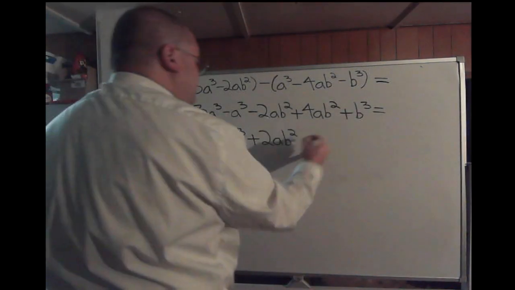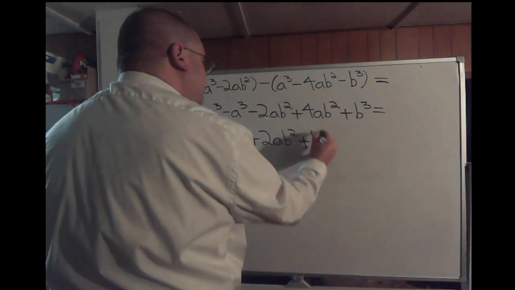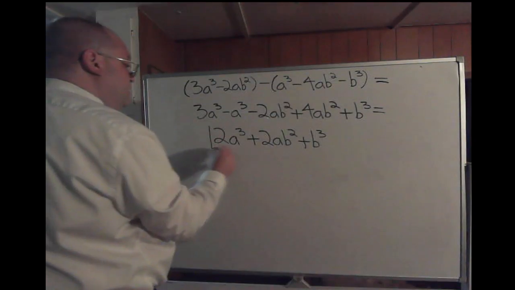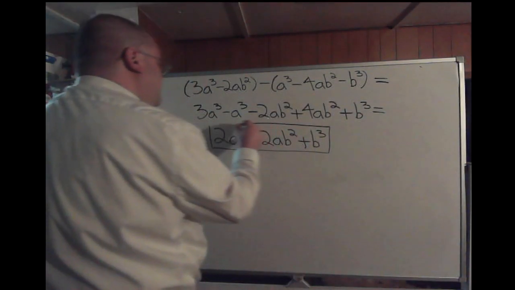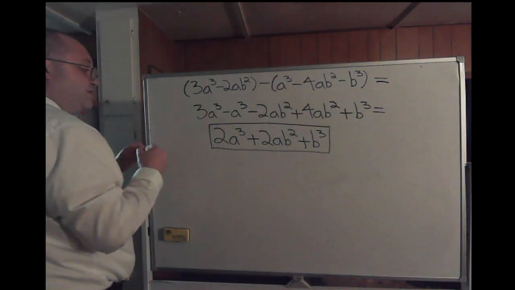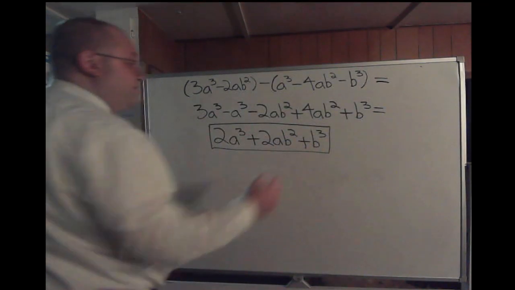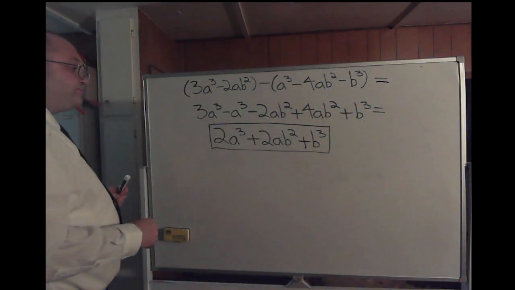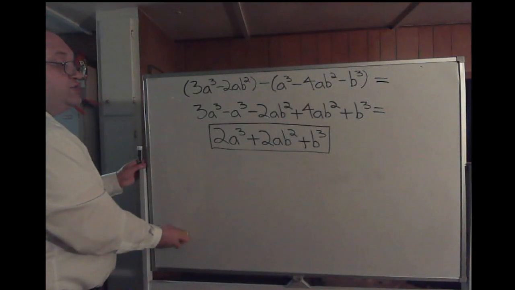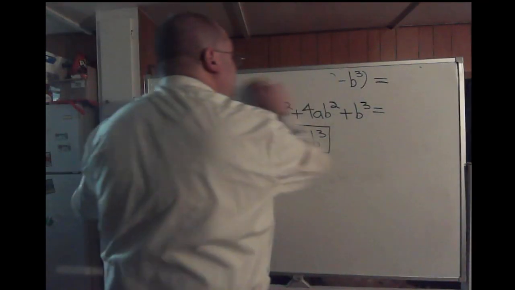And then you just have plus b cubed hanging out all by itself. So the answer you should get for the simplified form here is 2a to the third power plus 2ab to the second power plus b to the third. And yes, I am going to do one more example, and that'll be the lesson.